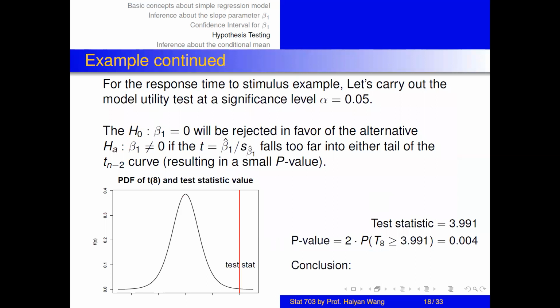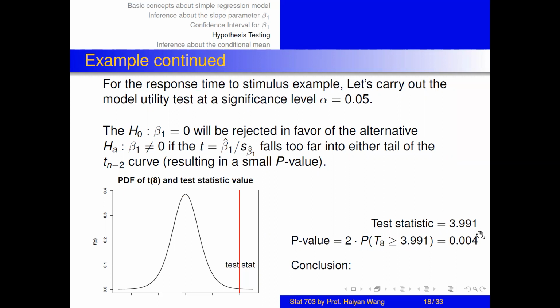Here is the example for the stimulus example. If we conduct a test for beta 1 equals 0 versus not 0, we use the ratio of beta 1 hat minus 0 divided by the standard error, and we try to see whether this ratio is too big or too small. Therefore, the p-value is twice the probability of being greater than the absolute value.